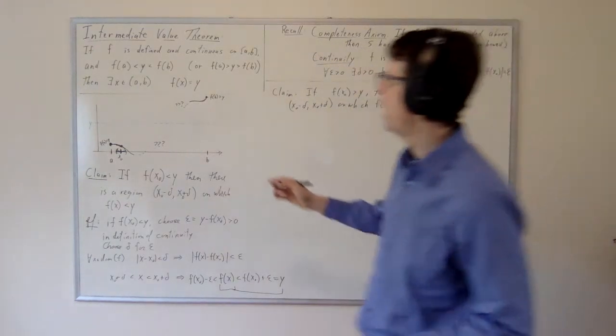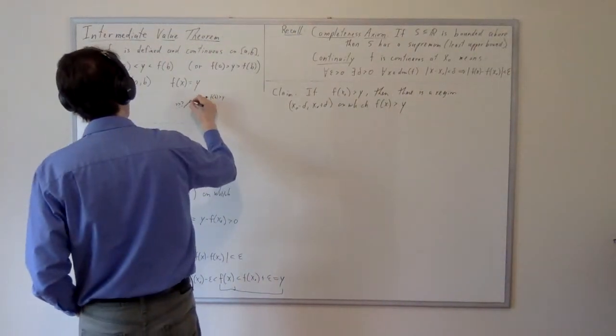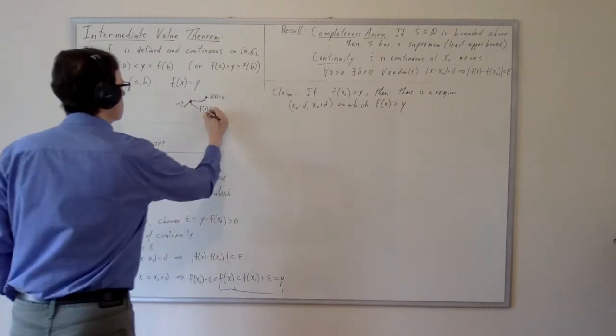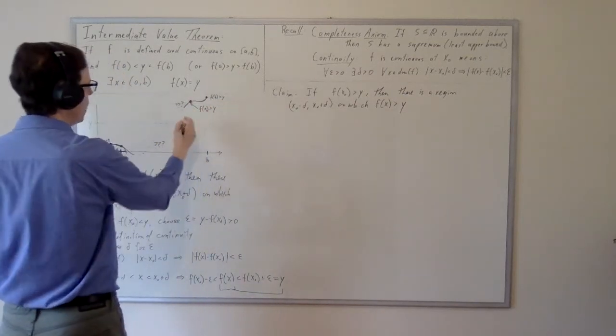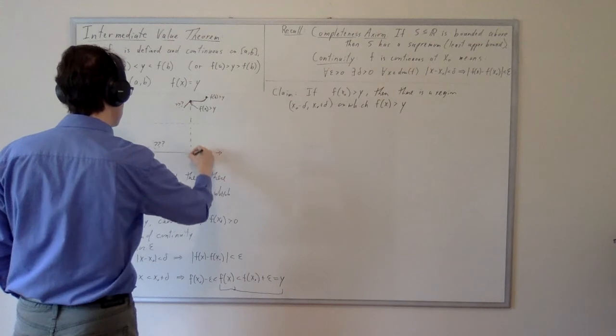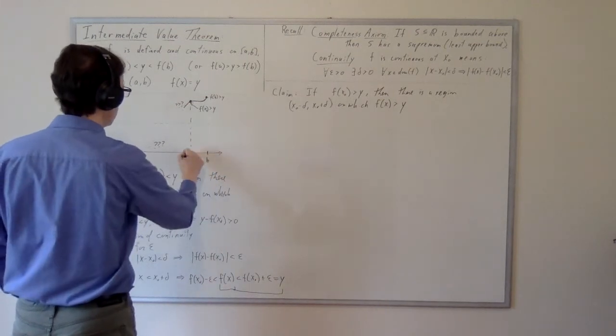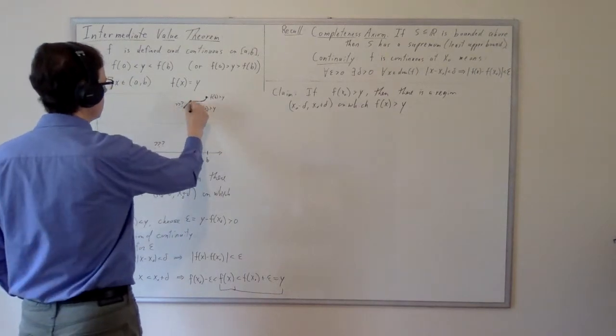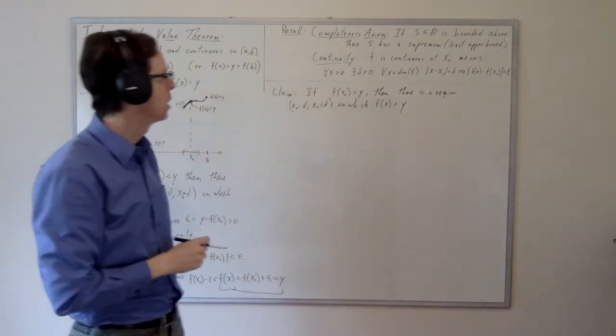So basically, if we have a point up here where the value of the function is too large, f of x naught is greater than y, so that's a value x naught here, it's too high, then there will be a little delta neighborhood of x naught on which the value remains too high.